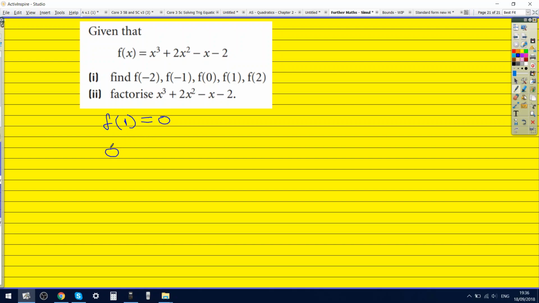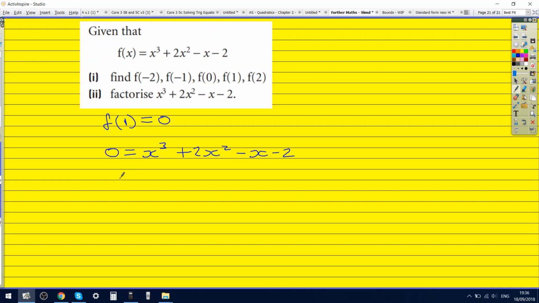What if I asked you to solve 0 equals x cubed plus 2x squared minus x minus 2? That means the f of 1 equals x cubed plus 2x squared minus x minus 2. How could you use that to solve for x? Do you sub in those 1 values for x?